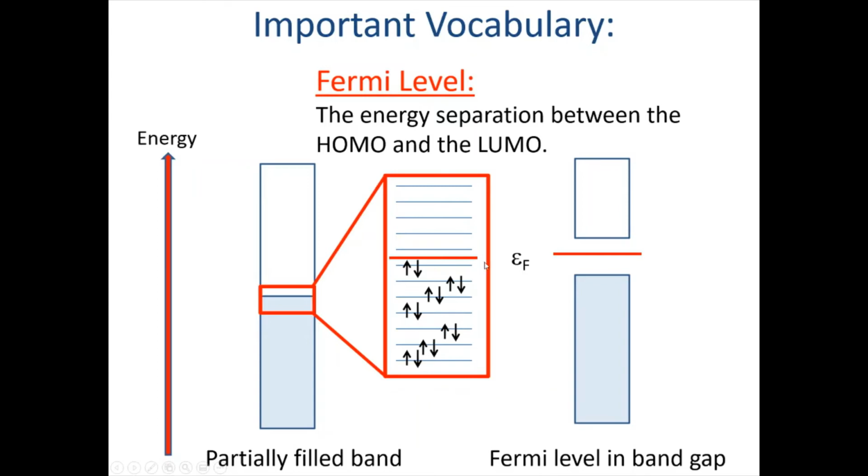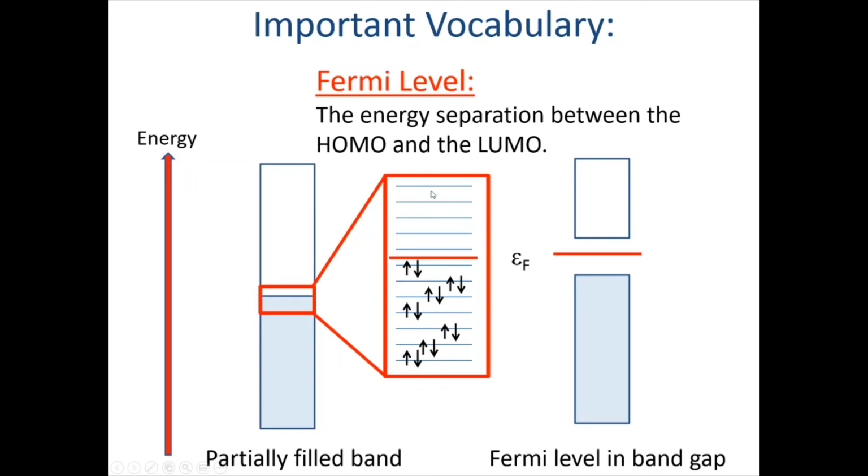It's just a line that we put that tells us that this is the separation between places that have electrons and places that don't. So in the case of a partially filled band, like this would be the 2s band of lithium, the Fermi level lives inside of the band, meaning the band is only half full.